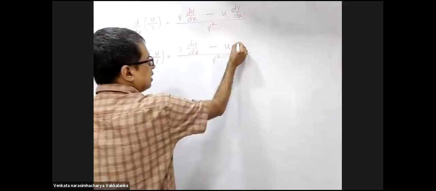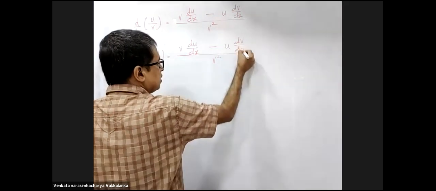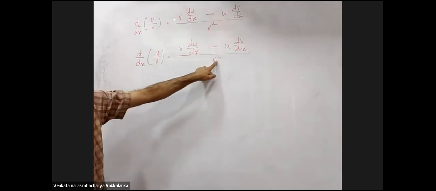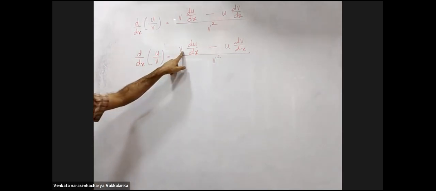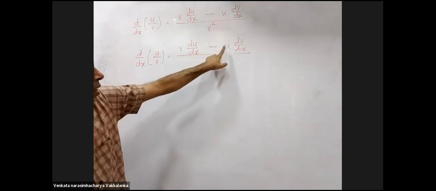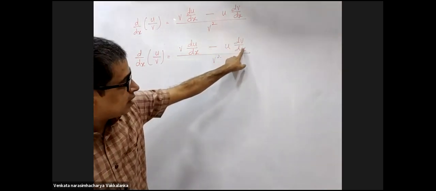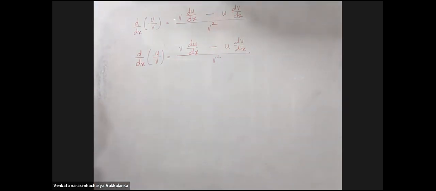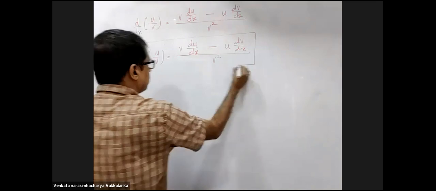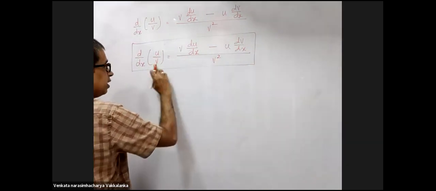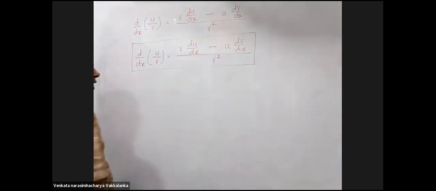Keep the numerator as it is, differentiate the denominator. Sequence cannot be changed. So the denominator will always have v squared in it. The denominator will be squared.